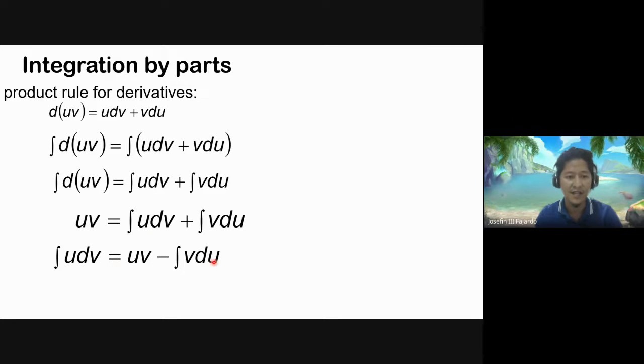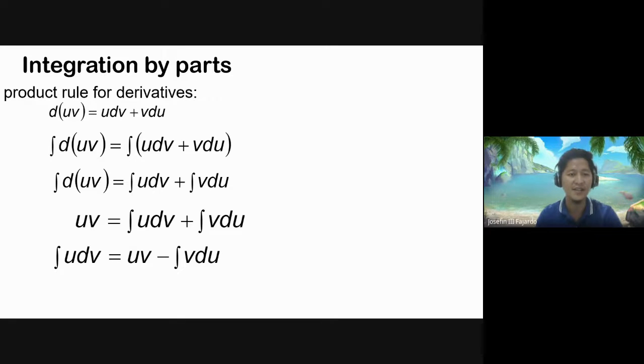So dito manggagaling, ito na yung tinatawag nating integration by parts. So by using this formula, we can perform integration using this method. Okay? So ito lang ang tatandaan natin.